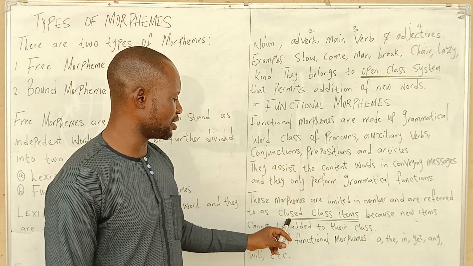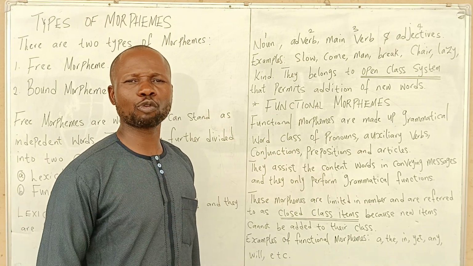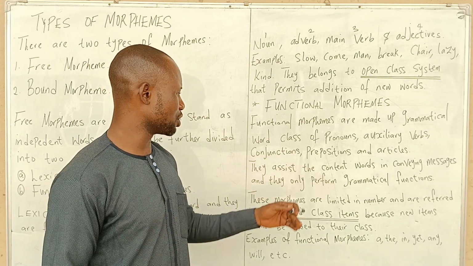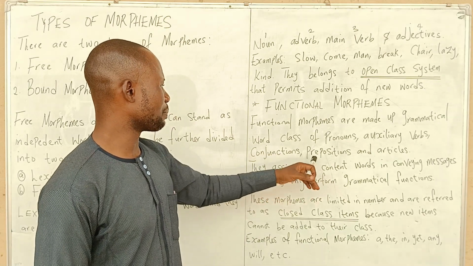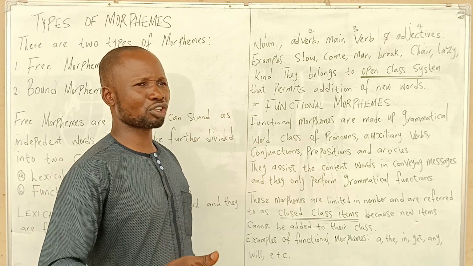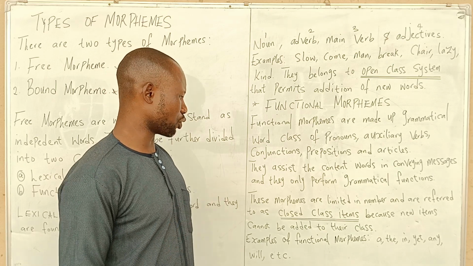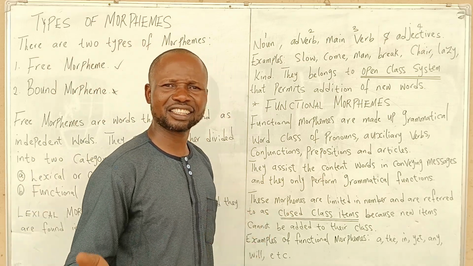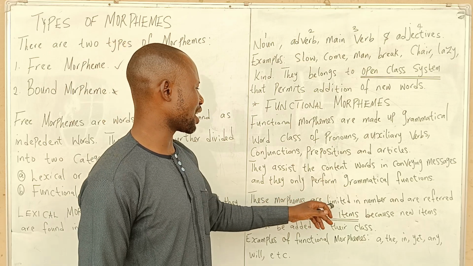That's why I call these closed class items. Closed class, nothing can be added to functional morphemes. I just listed examples, even though I've mentioned some like the pronouns, conjunctions, prepositions. Conjunctions are something like and, but. Prepositions are behind, below, under, before, and so forth. So nothing can be added. Auxiliary verbs: was, is, are, nothing can be added to them. You say these morphemes are limited in number.